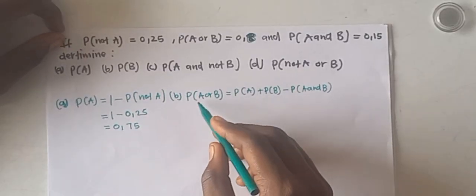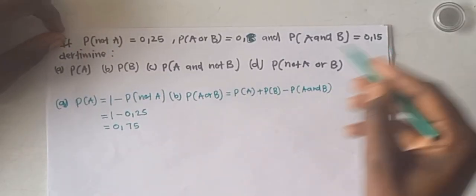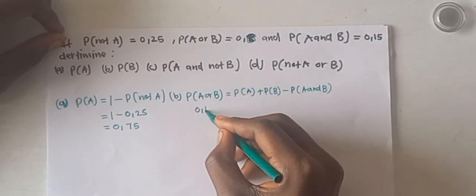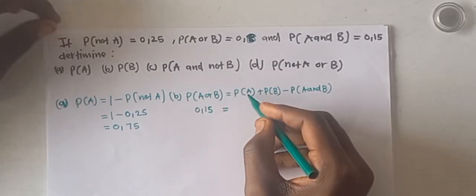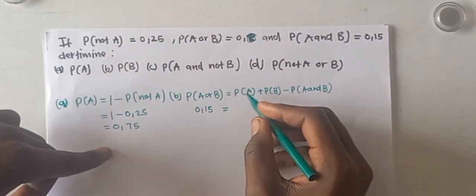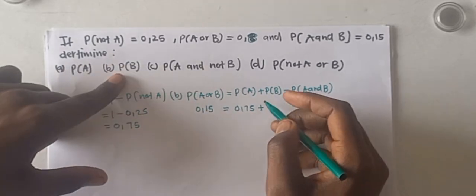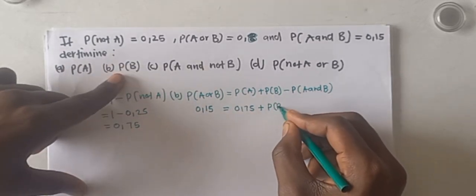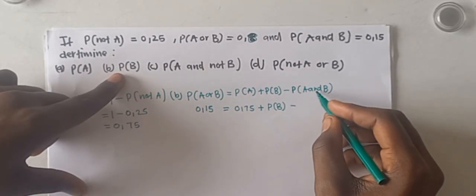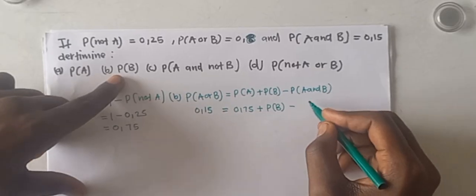So we have the probability of A or B, plus the probability of A, which we just calculated, which is 0.75, plus the probability of B, that's what we're looking for, that's unknown, minus the probability of A and B.